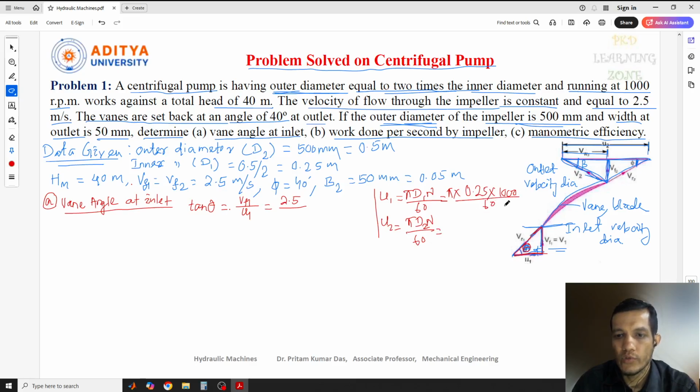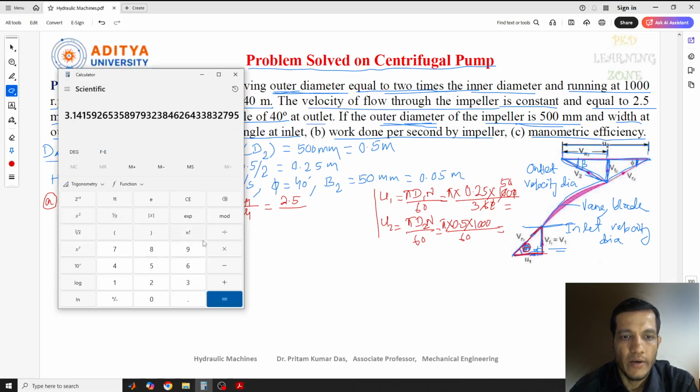Here I can just double this value, because this is pi into 0.5 into 1000 divided by 60. So we can calculate this value.